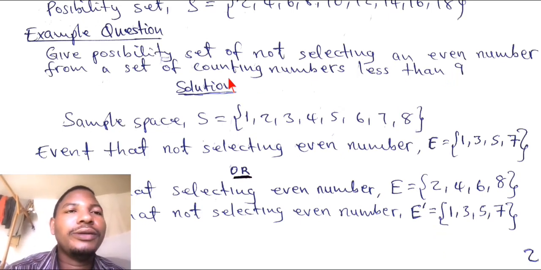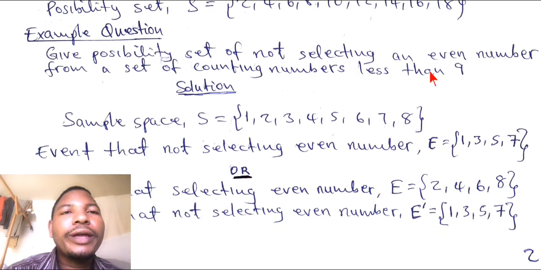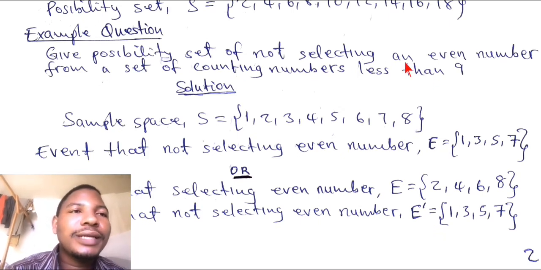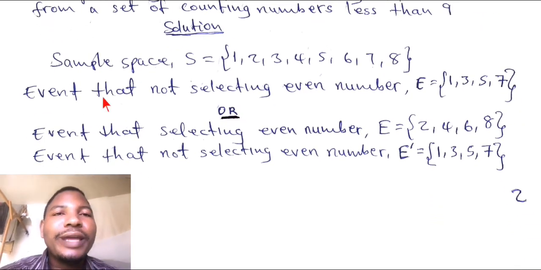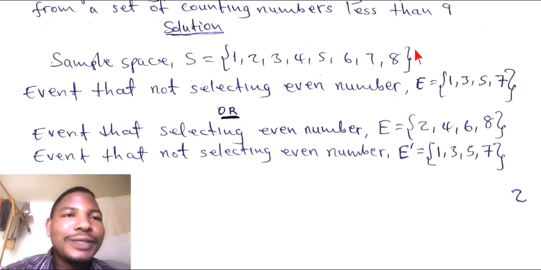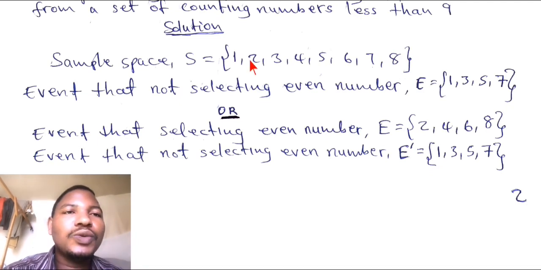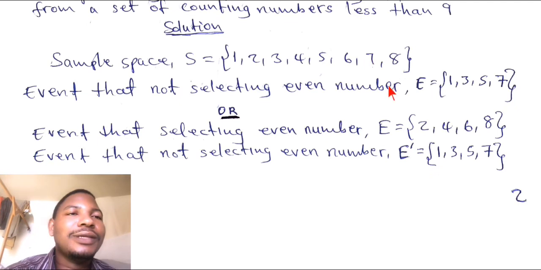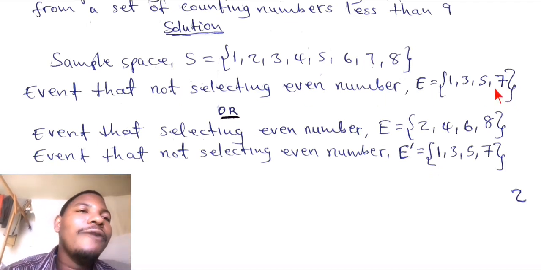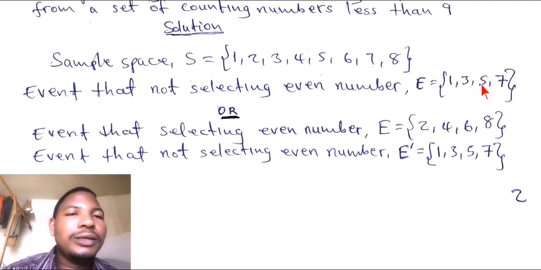Given the possibility set of not selecting even number from this set, which one is the even number? 2 is even, 4 is even, 6 is even, and 8 is even. So for the event of not selecting even number, we have to choose the others which are not even. So we can choose 1, 3, 5, and 7, as you see here. The event of not selecting even number will be 1, 3, 5, and 7.